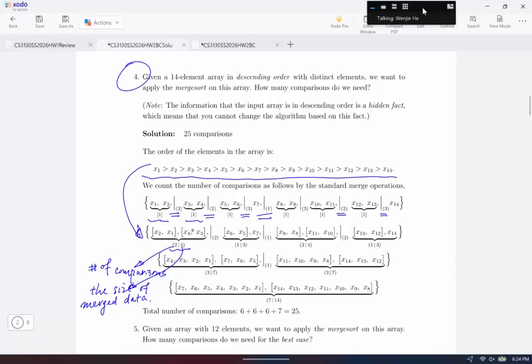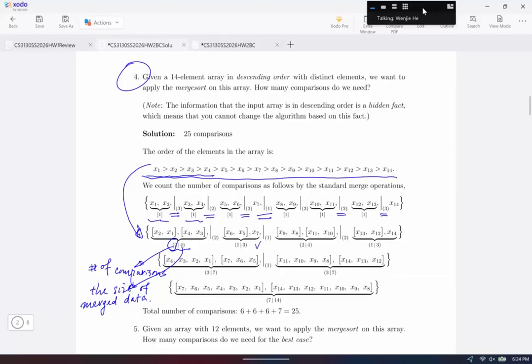How do you know you need this many comparisons? By the given order. Because we know how to run the merge operation, right? So you connect to the merge operation to give you the number of comparisons you need for each merge step.